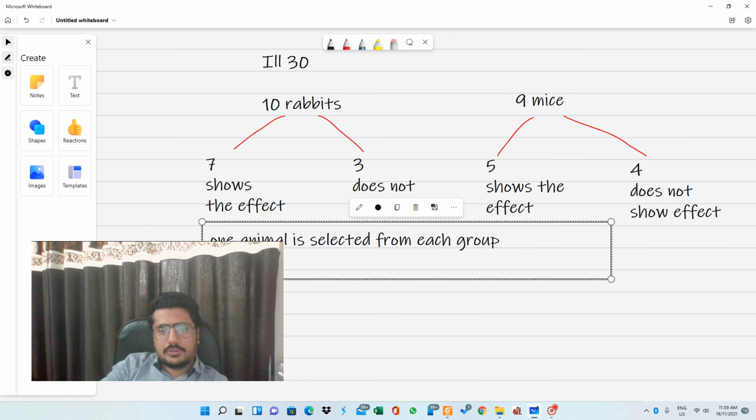My first question is that both the animals show the effect.